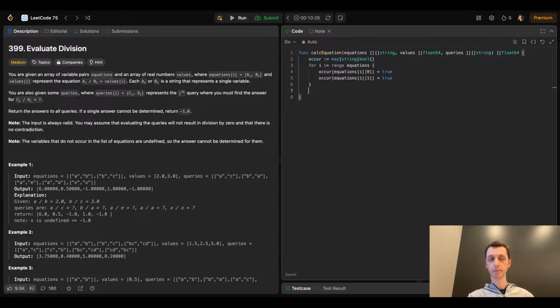We might also want to know where it occurs, not just the fact that it occurs, but also where.